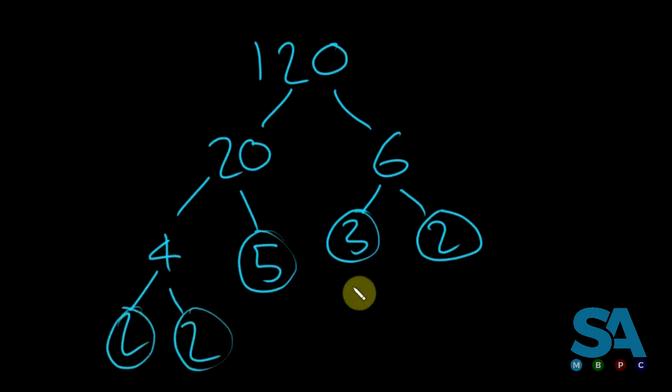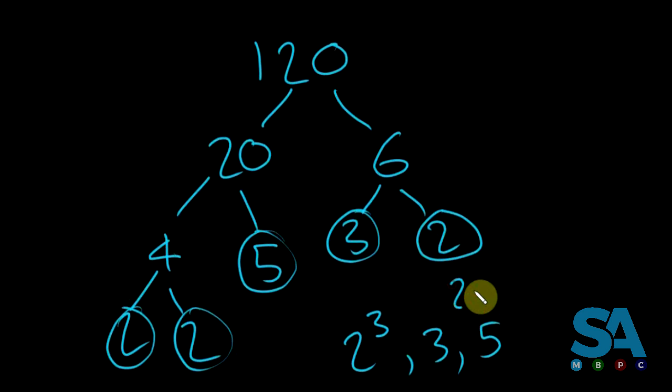So the prime factors of 120 are, okay, there are 3 2's here. So 2 to the power of 3, 3 and 5. The way you'd write this in an exam is 2 to the 3 times 3 times 5.